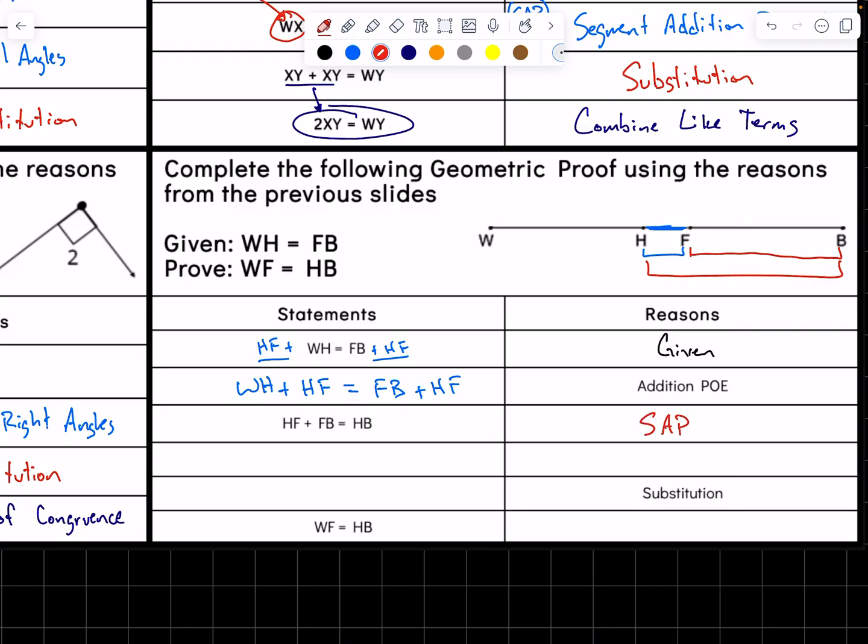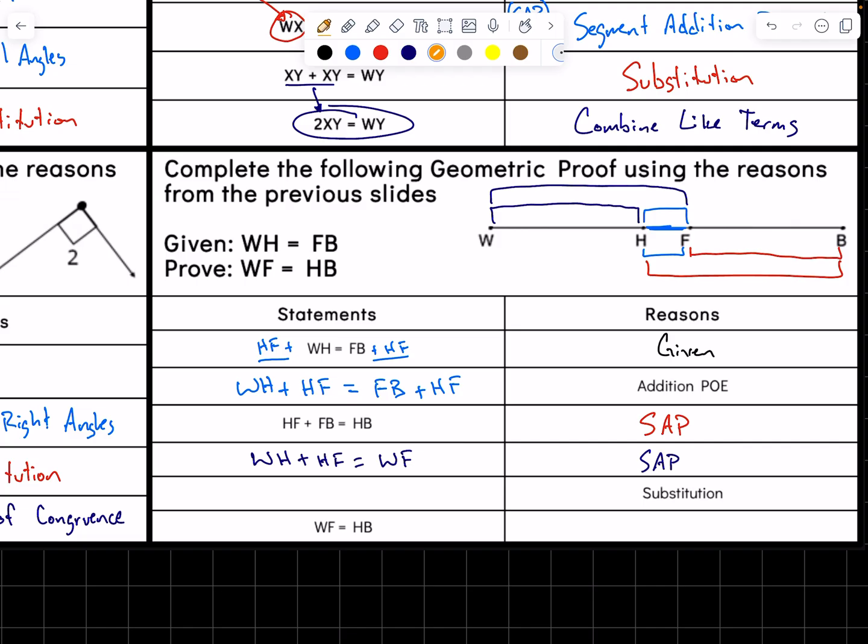I can also use the segment addition postulate to say that HF plus WH equals WF. So I can say right here, WH plus HF equals WF.